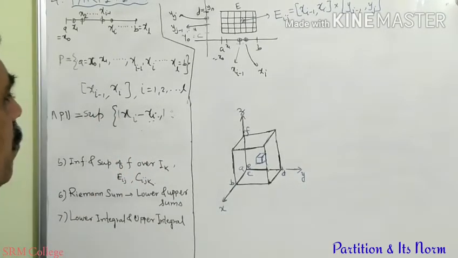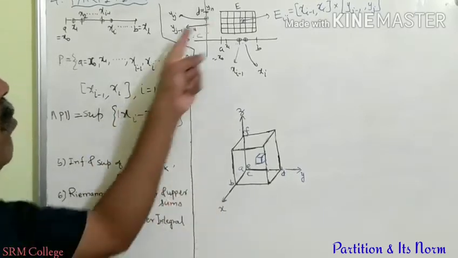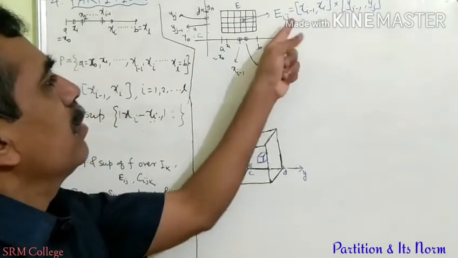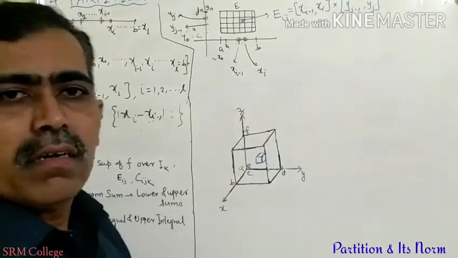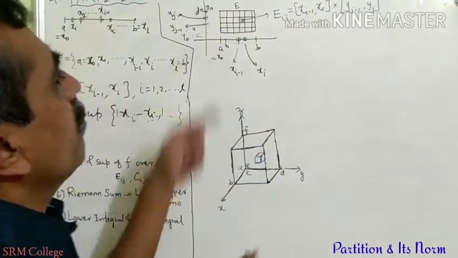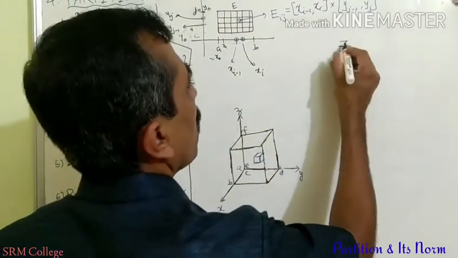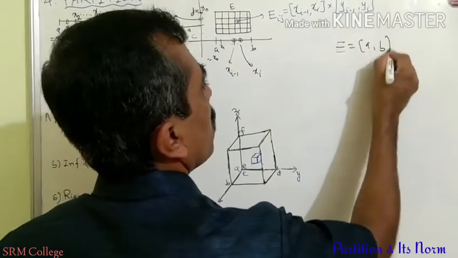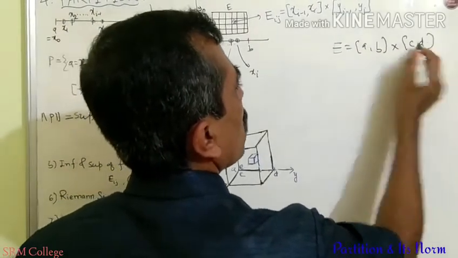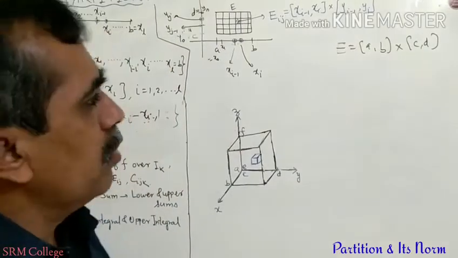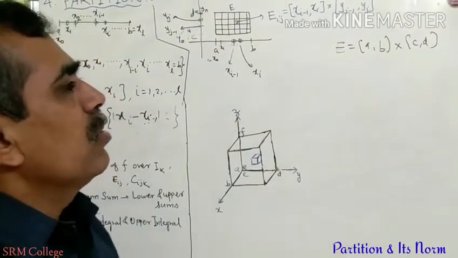Now come to the partition of a rectangle in R2. Suppose you have a rectangle E, which is AB cross CD, meaning the Cartesian product of these two closed intervals.